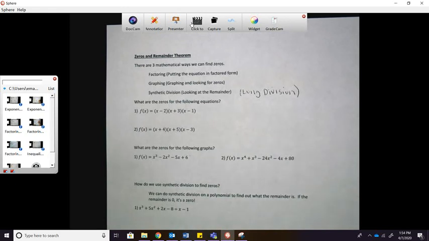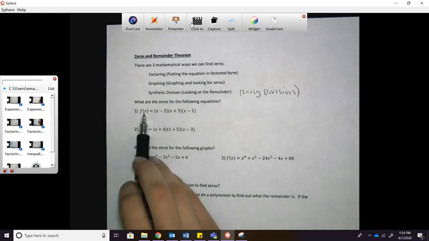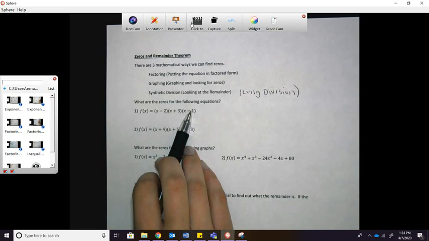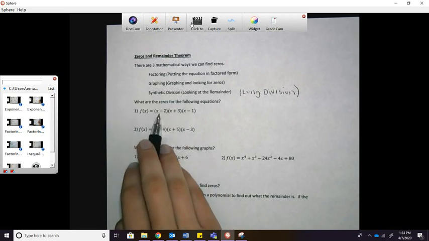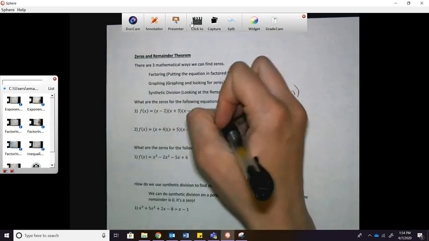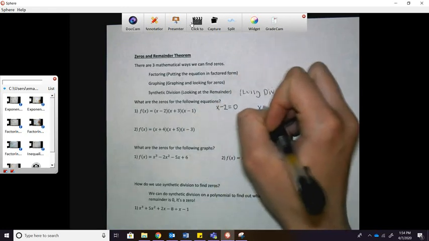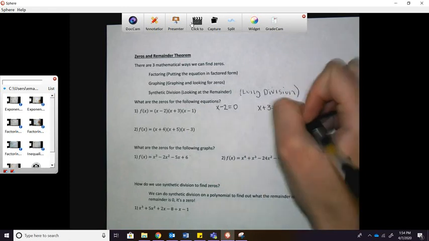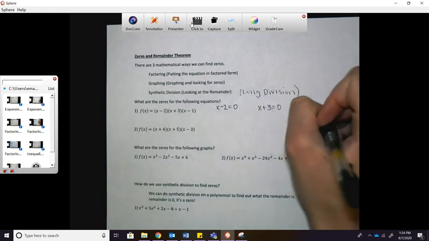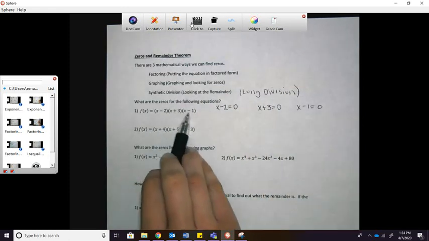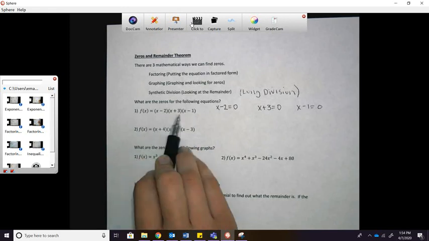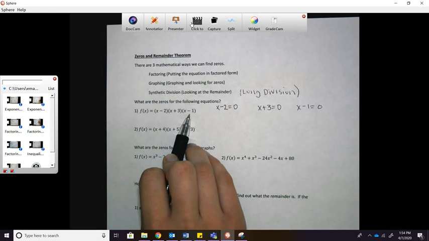And the way we find zeros when we are given factors is that we take each factor, which is each set of parentheses, and we set it equal to 0. Because what we are saying is that if one of these sets of parentheses becomes 0, anything multiplied by 0 is, of course, 0. So this whole thing is going to become zeros.